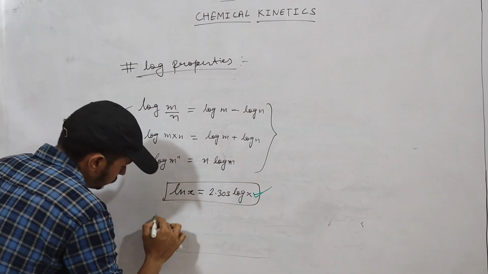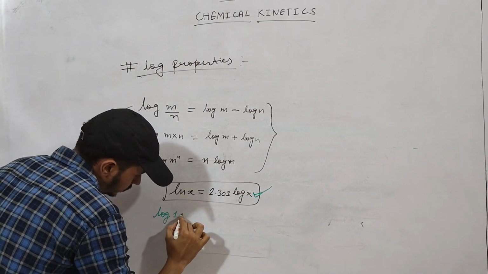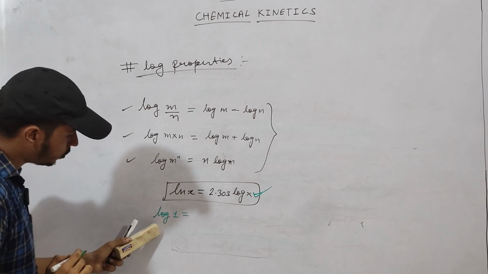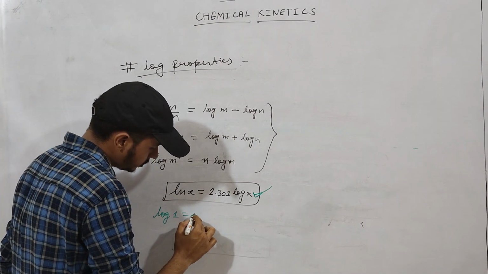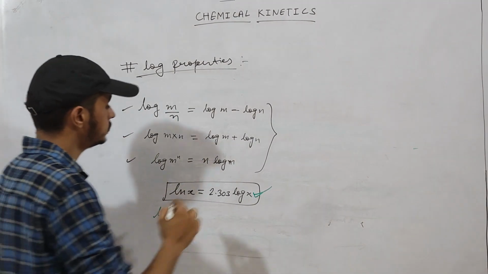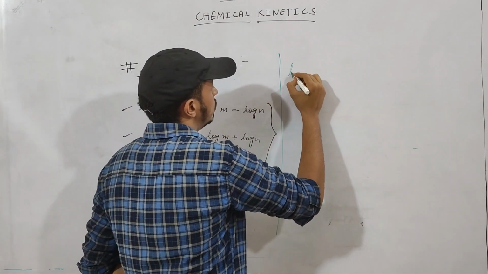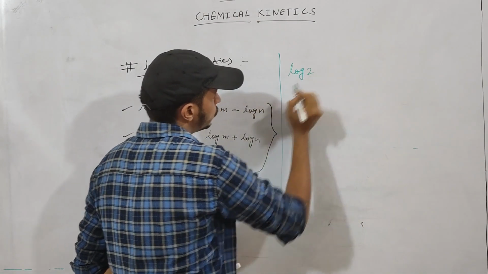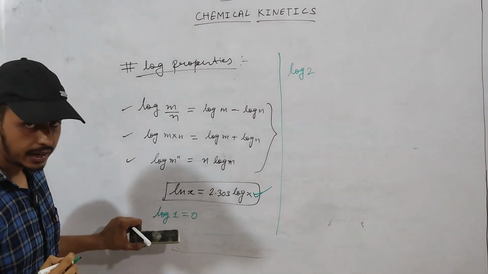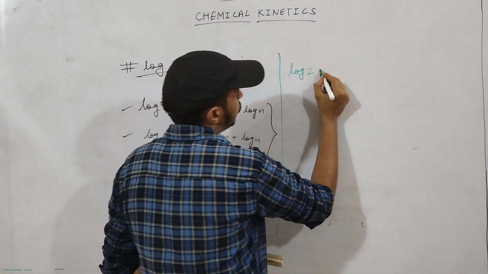So now let's say, what is the value of log 1? The value of log 1 will always be 0. Similarly, the value of log 2, you should learn this value in a proper way.